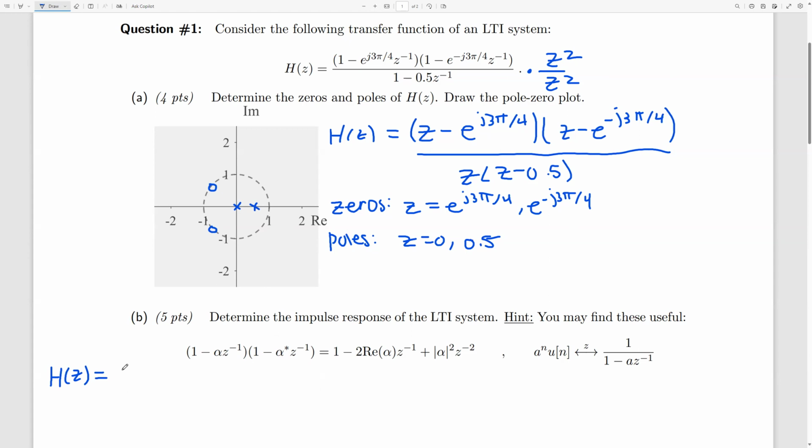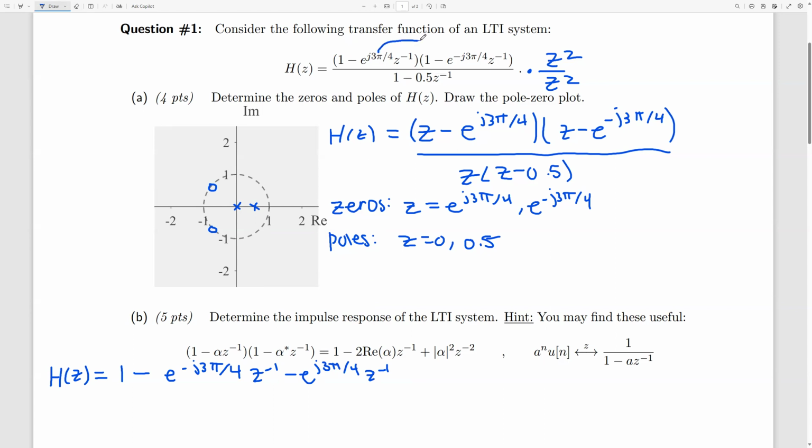So if I multiply H of Z across the numerator, I'm going to get 1 minus e to the negative j 3 pi over 4, Z to the negative 1, minus e to the j 3 pi over 4, Z to the negative 1.